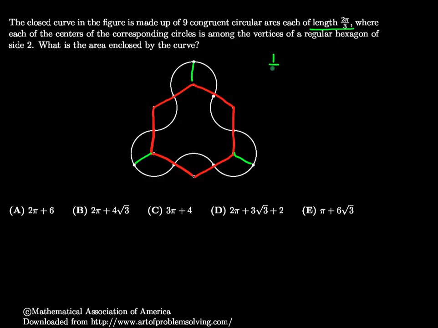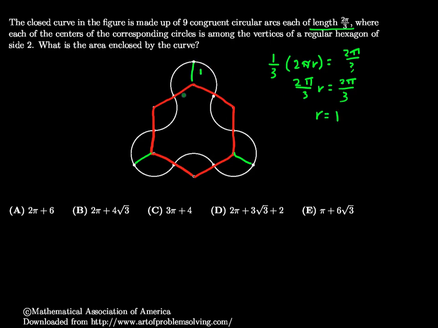We know that 1/3 of 2 pi times the radius is equal to 2 pi over 3. So we have 2 pi over 3 r equals 2 pi over 3. Divide both sides by 2 pi over 3, and we get r equals 1. That's wonderful. Pun not intended.